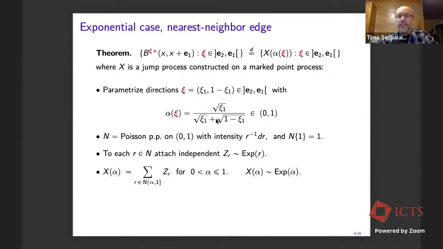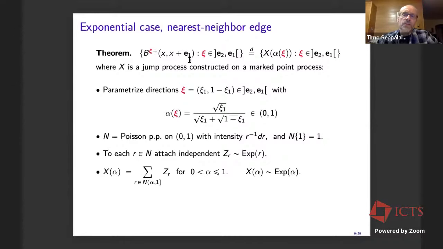Timo? Yes. Is there an interpretation for the jump locations in terms of geodesics or something like that? There is, and I'm going to get to that in a little bit. The jump directions correspond to places where the coalescence point from x and x plus e1 jumps.